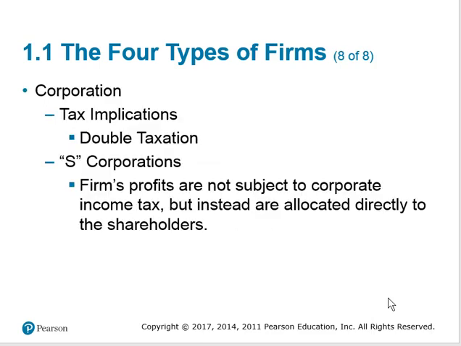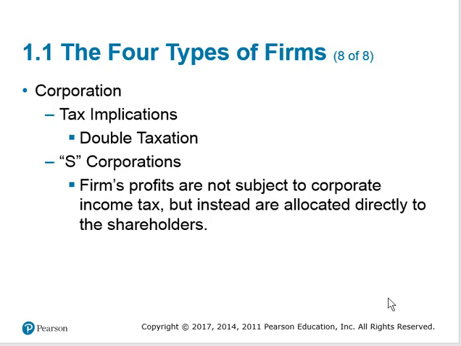There are tax implications, though. We mentioned a little bit earlier that sole proprietors relatively have a lower tax rate than corporations. The reason for this is a concept called double taxation.